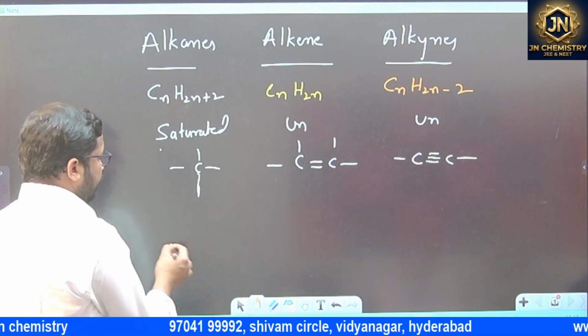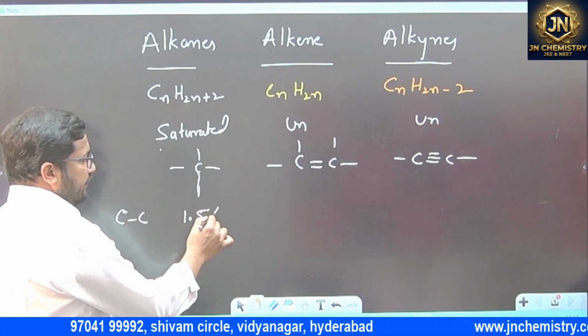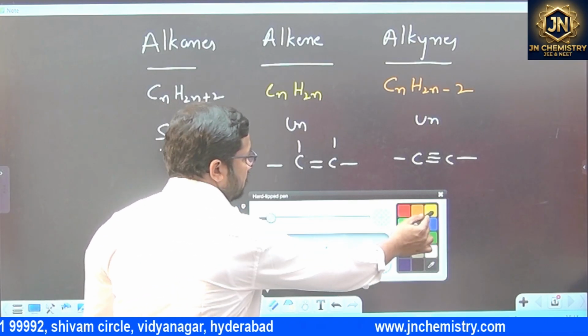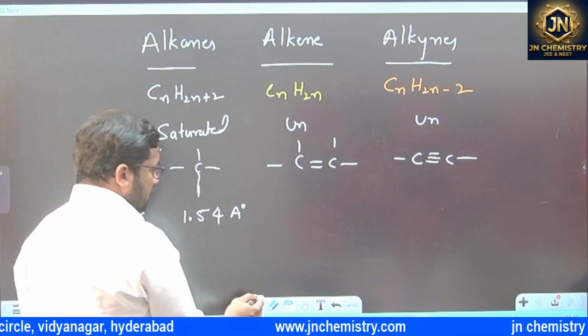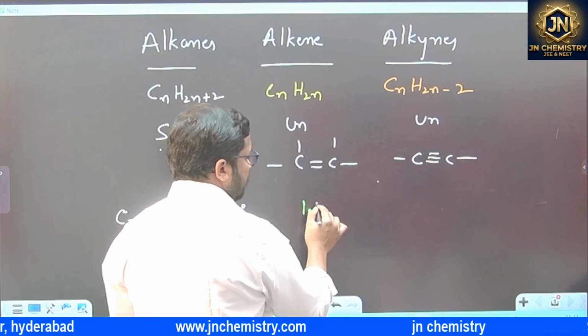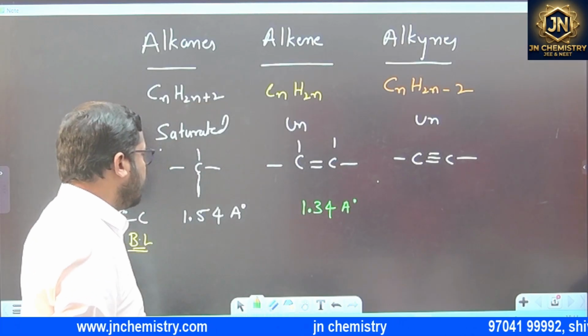Next, C-C single bond length is 1.54 angstroms. Write it down. Here, the double bond length is 1.34 angstroms. Right?